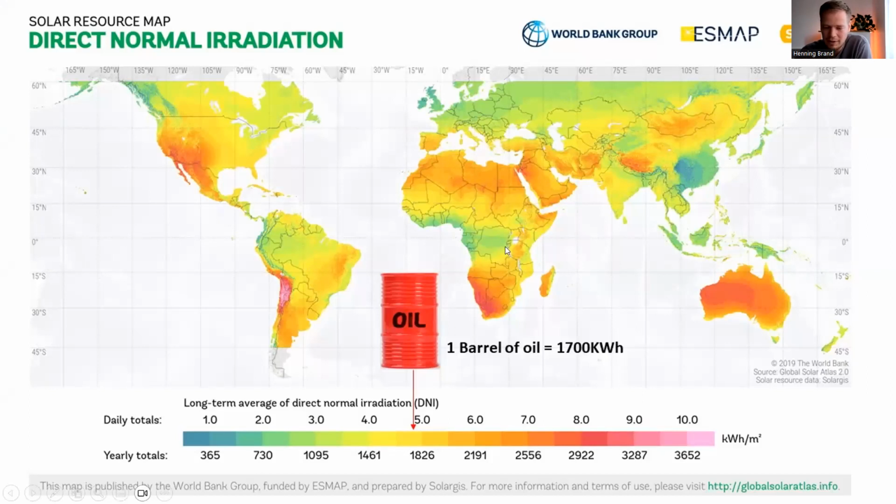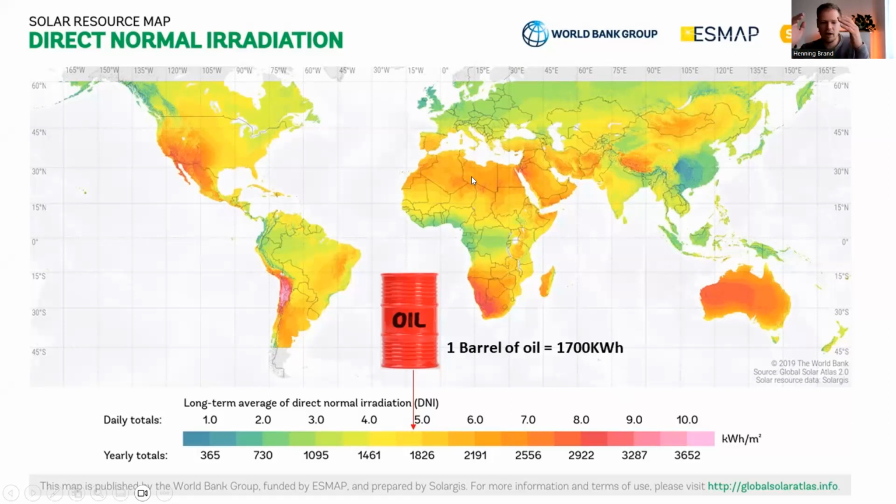So one illustration that I like to use to wake up to how much energy is actually coming from the sun, we can look at this map and we see that each part of this map that is a little bit on the reddish orange, light yellow orange here above this side is actually receiving 1 barrel of oil per square meter per year. 1 barrel of oil is 1,700 kilowatt hours.